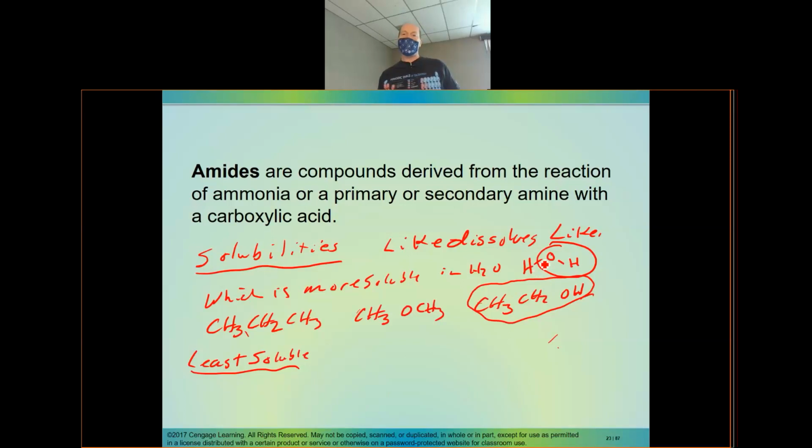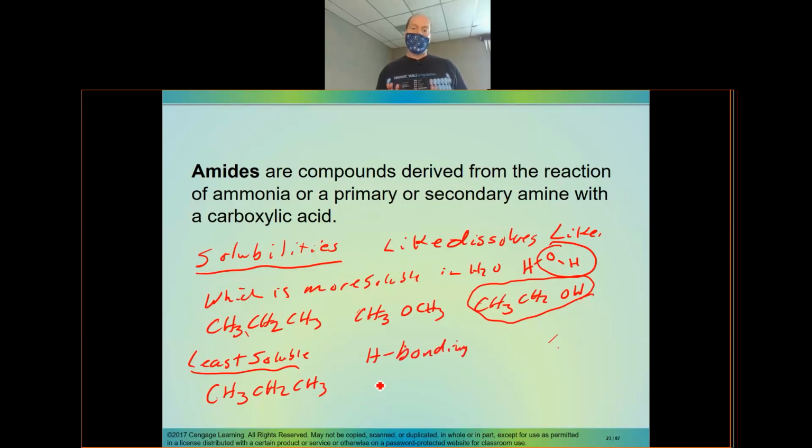Water has an oxygen. This one has an oxygen. This one does not have an oxygen. The least soluble is your CH3, CH2, CH3. It doesn't have an O in it, so it is least like water. And of course, this is going to have high boiling points because of hydrogen bonding. So remember your hydrogen bonding.